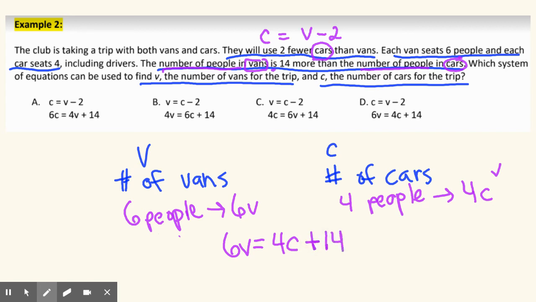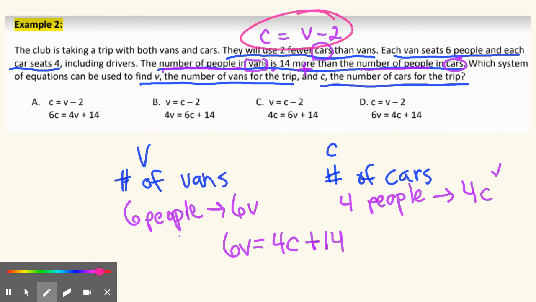It's written this way because we have to know how many people were in cars, and then add that to 14 to see the number of people in the vans.